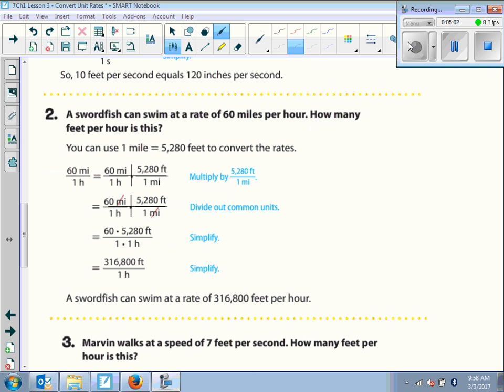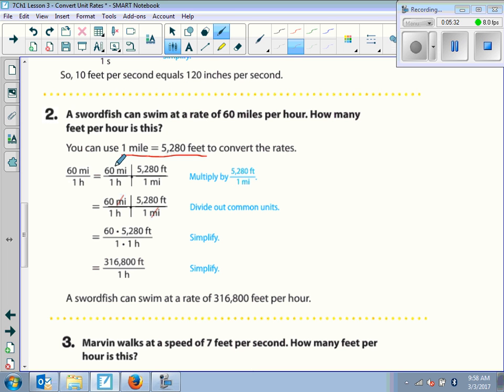All right, for example 2, it says a swordfish can swim at a rate of 60 miles per hour. How many feet per hour is this? So we're going from miles to feet. The conversion factor, or the unit ratio, is 1 mile is equal to 5,280 feet. So if we have miles in the numerator, we want to cancel that, right?